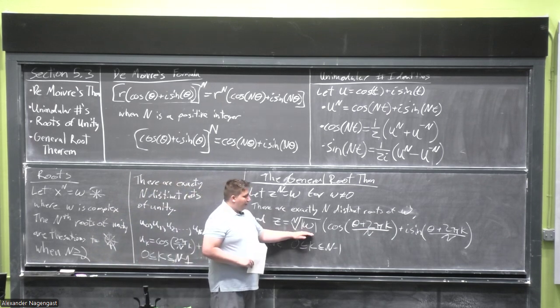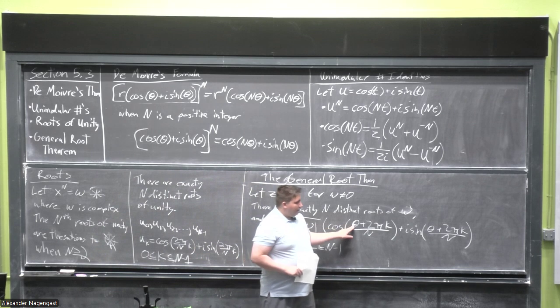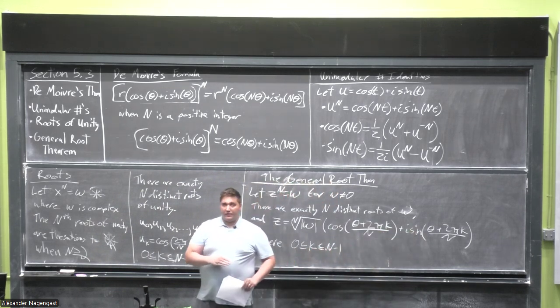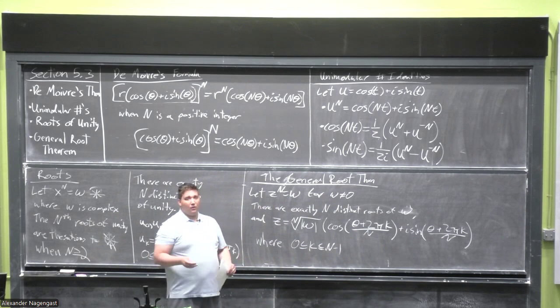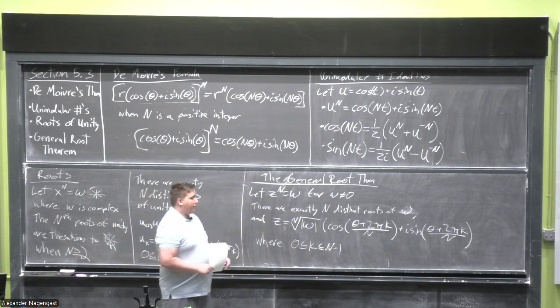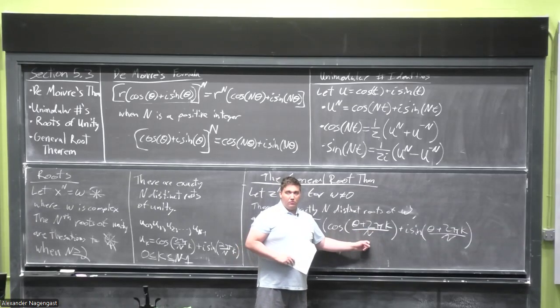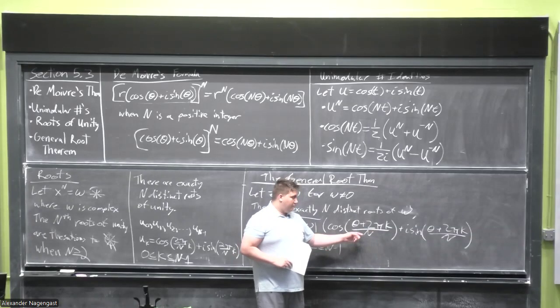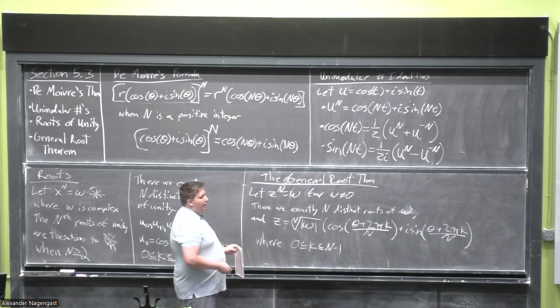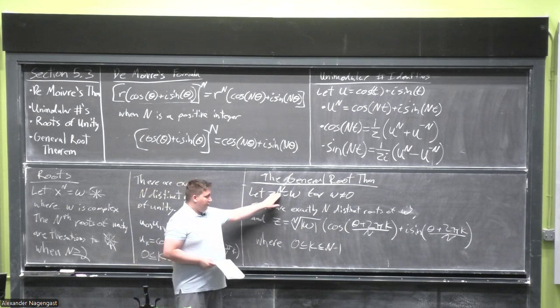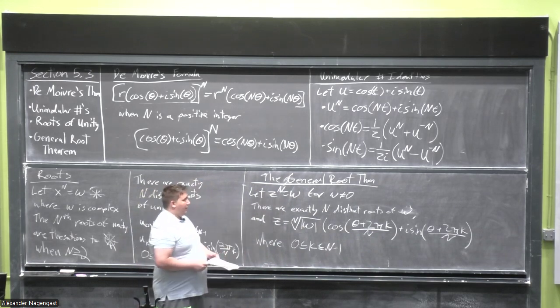And then this theta accounts for us starting at any point along a circle, and then we're traveling a distance around the circle that is determined by what the root is and what the power is that we're looking for.